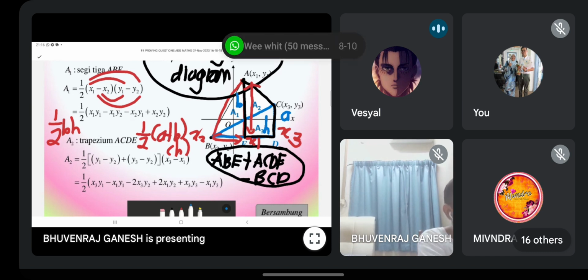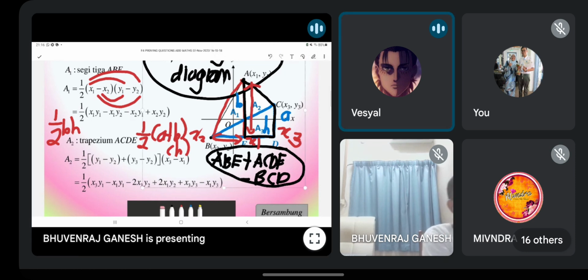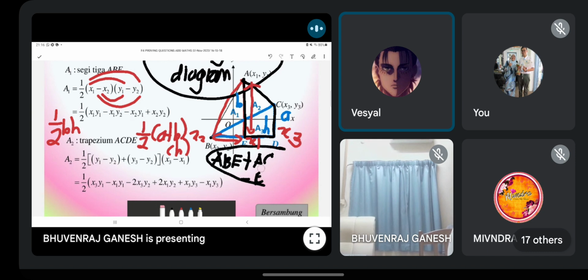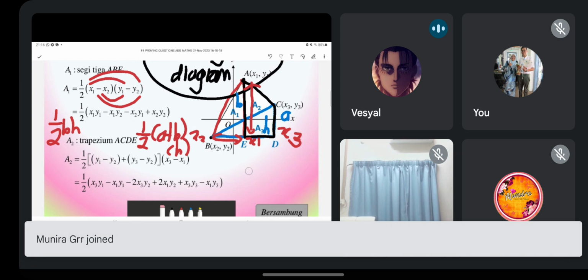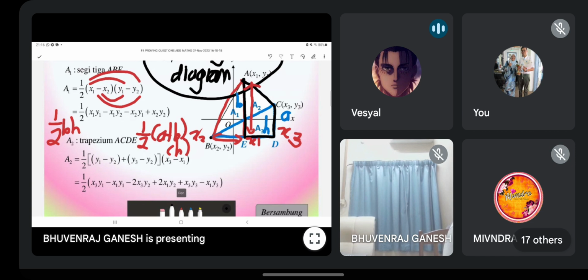If you cannot understand, just stop me. Then you must times the height. So your height is actually x3 minus x1. This one you have to always refer to the diagram. Make sure you don't make any careless mistakes, and then you will find your area once you expand everything.